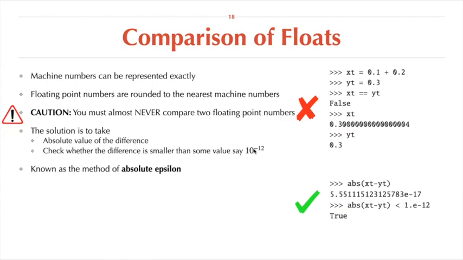Here you have chosen that to be 10 to the minus 12, so that comes out to be true. To that precision, they are the same. Because Python is not able to store the number exactly, it will not say that this number is exactly the same as that number, but to that precision, let's say of the order of 10 to the minus 12, the numbers are the same.